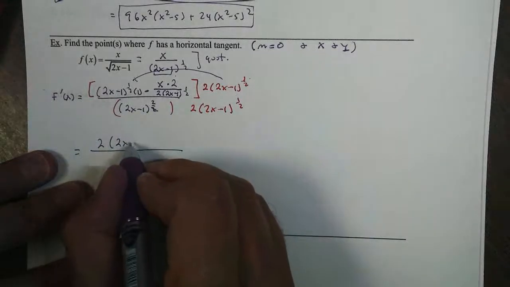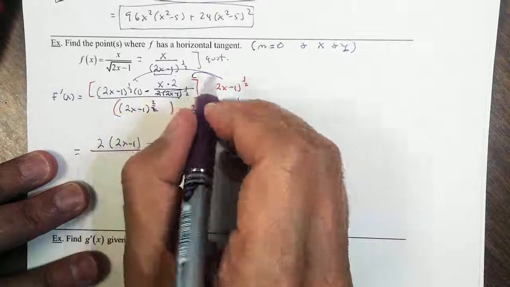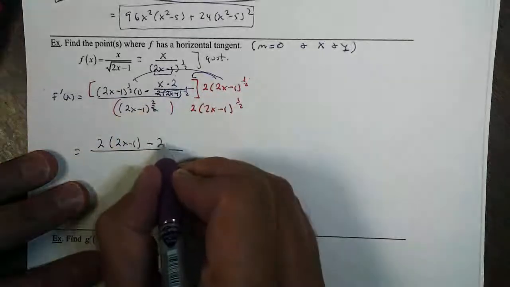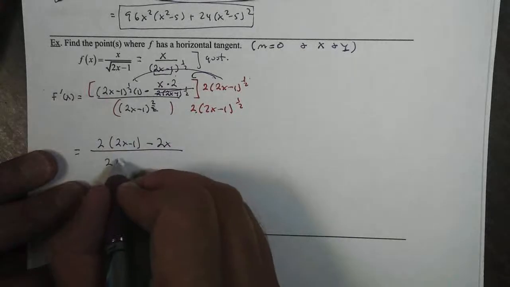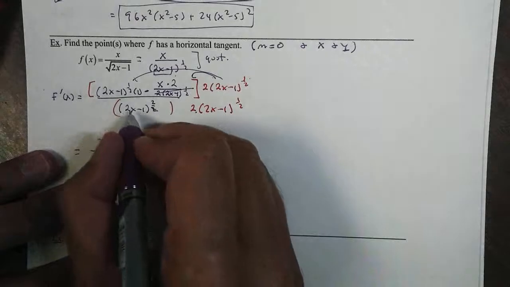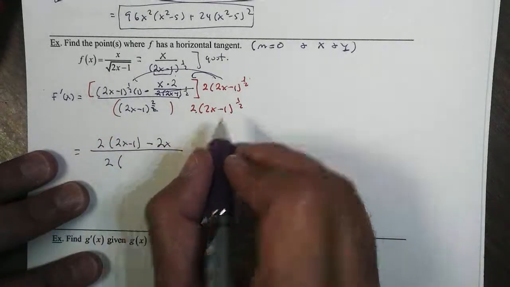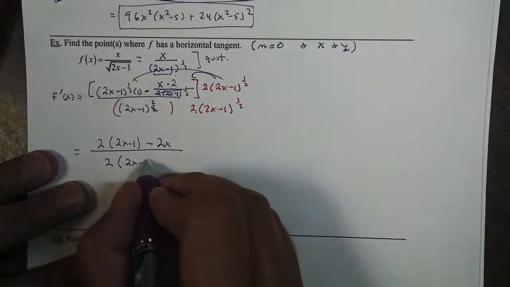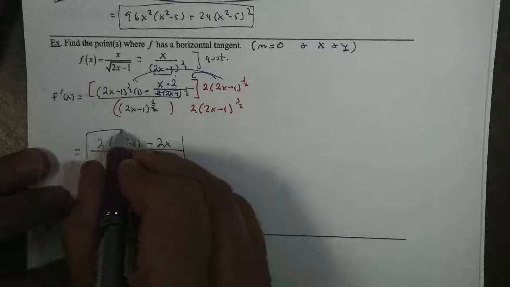That just becomes 2x to the first power. Minus, distribute here, the whole denominator cancels, and that just becomes 2x. The bottom becomes 2. Now, there's a reason I don't simplify here yet, because when I take this 2x minus 1 to the 2/2 times 2x minus 1 to the 1/2, that gives me 2x minus 1 to the 3/2. And there's our answer for now.